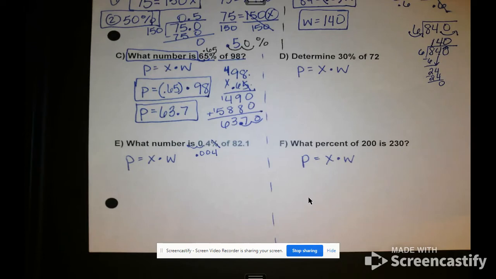No, you're multiplying on that one, because you gotta find the part on that one. So you multiply. Alright, so like this one, you would find that because it's is. But if it's of, you gotta multiply.